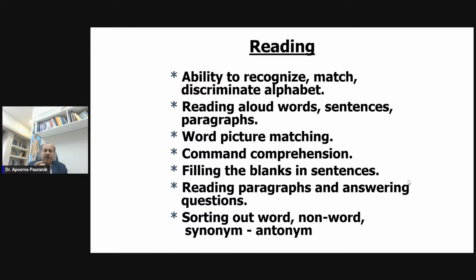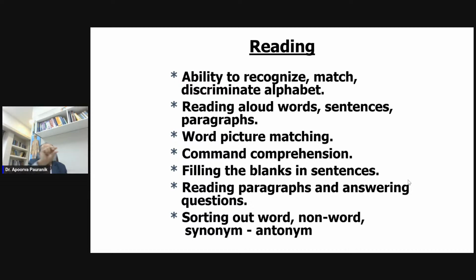So as an aphasiologist or as a speech language pathologist, we carry picture cards, or nowadays in the era of smartphones, we can carry all those picture cards on our smartphone, and we can ask the person to read the printed words, the printed sentences, printed paragraphs.